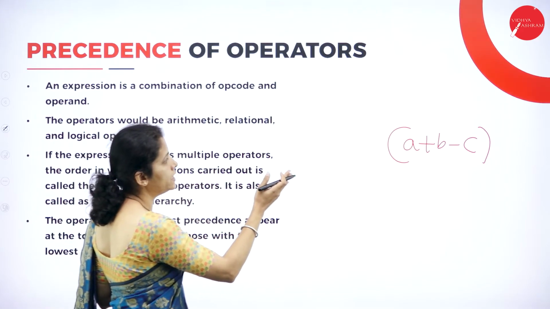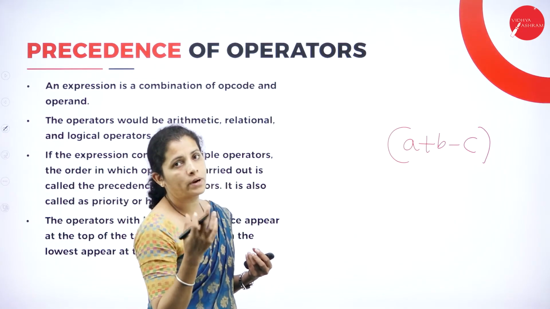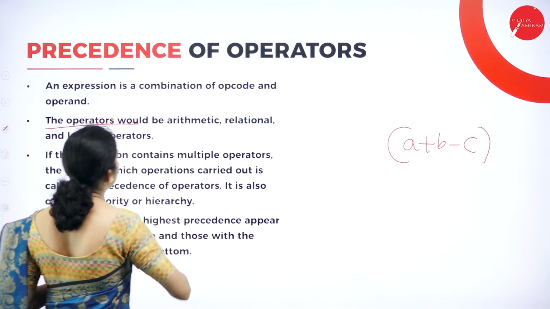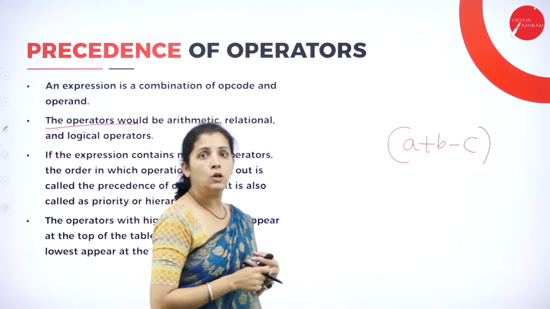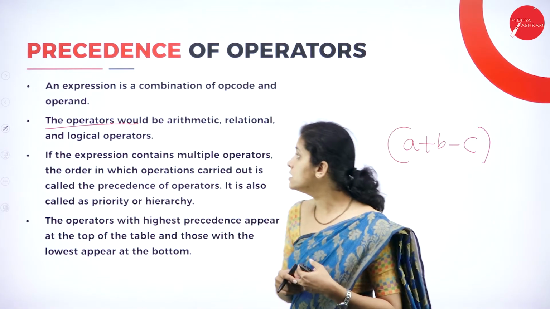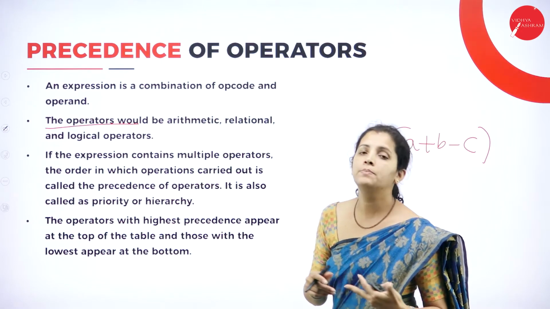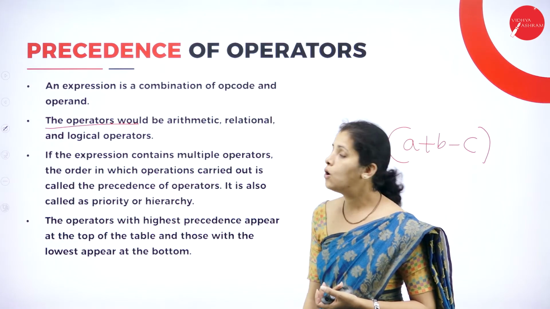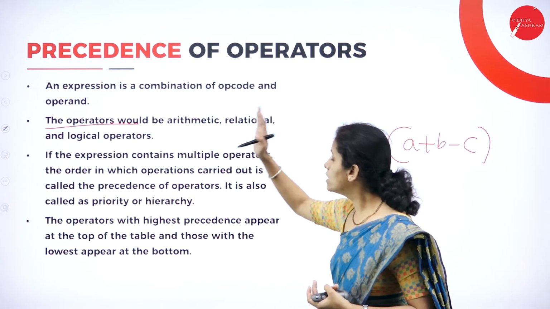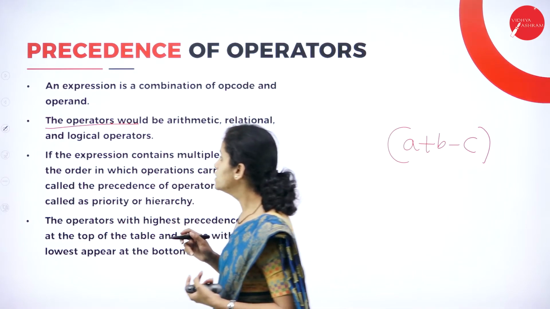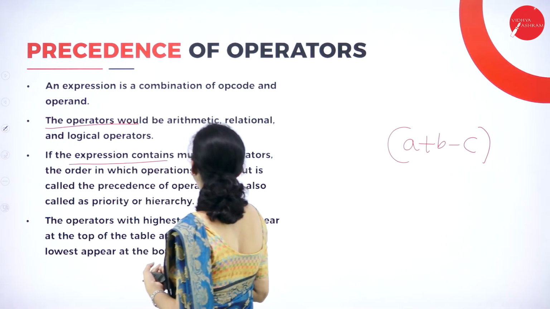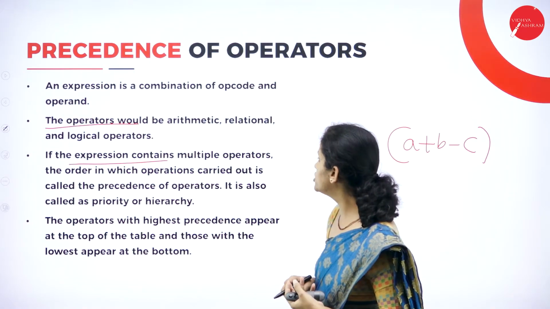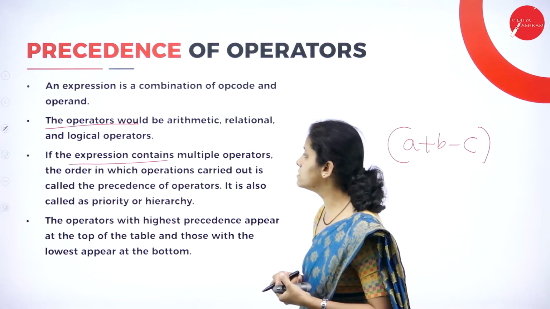So it is nothing but the combination of operators as well as operands. The operators may be arithmetic, logical or relational operators. If the expression contains multiple operators, then the order in which the operations are carried out is called precedence.